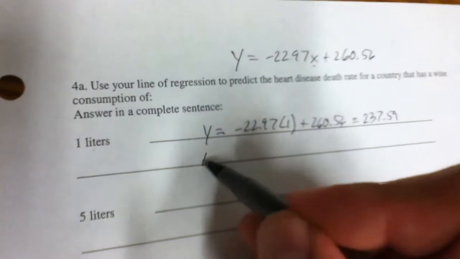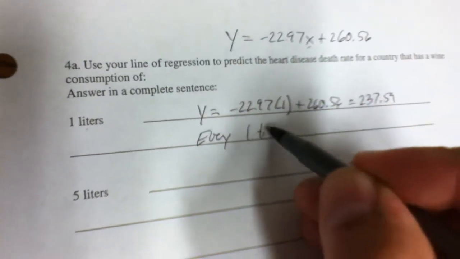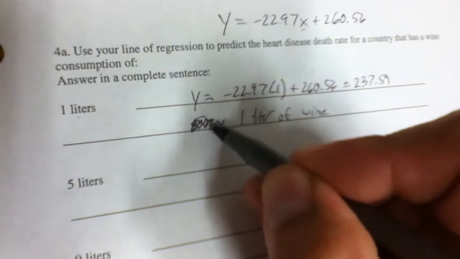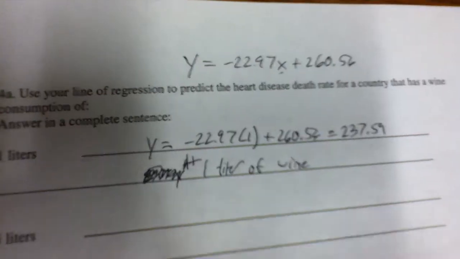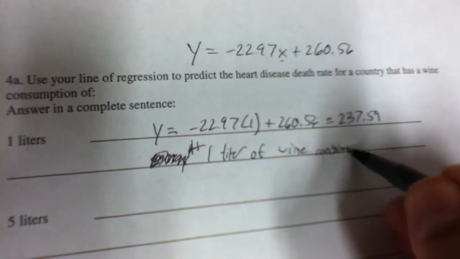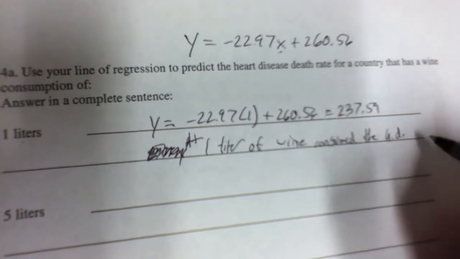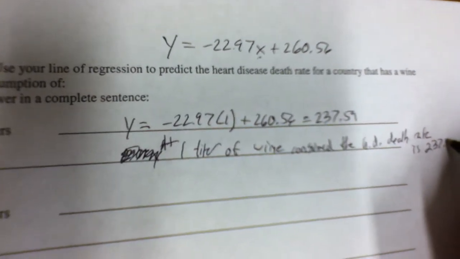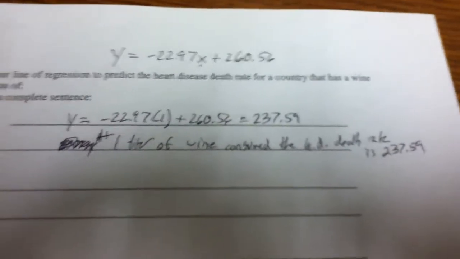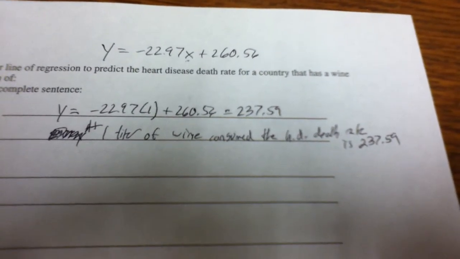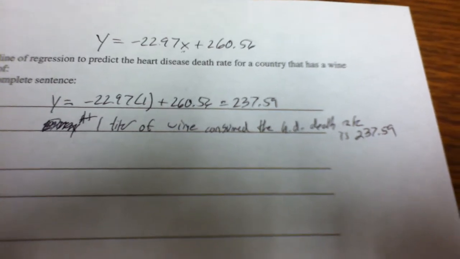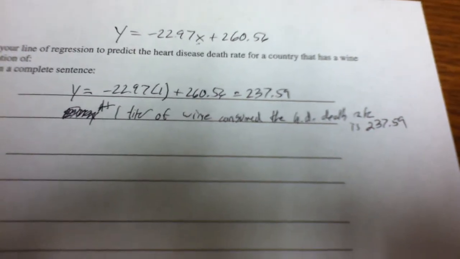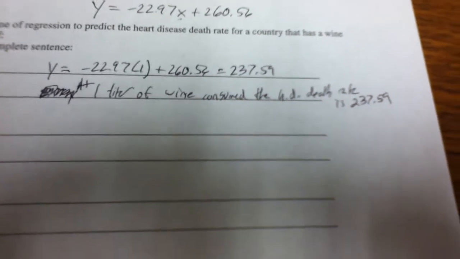So the sentence would be, at 1 liter of wine consumed, the heart disease death rate is 237.59.